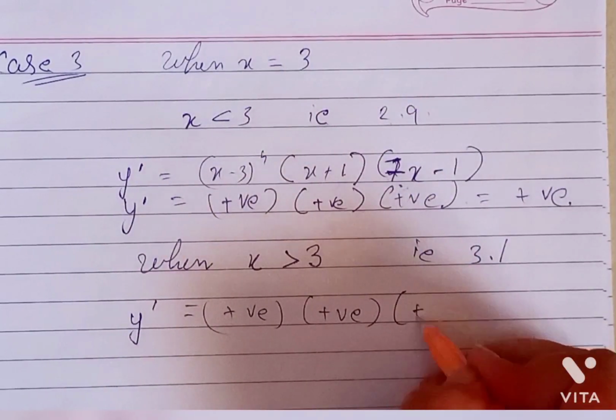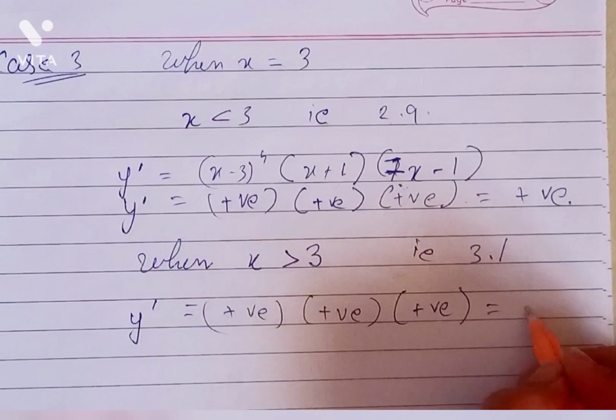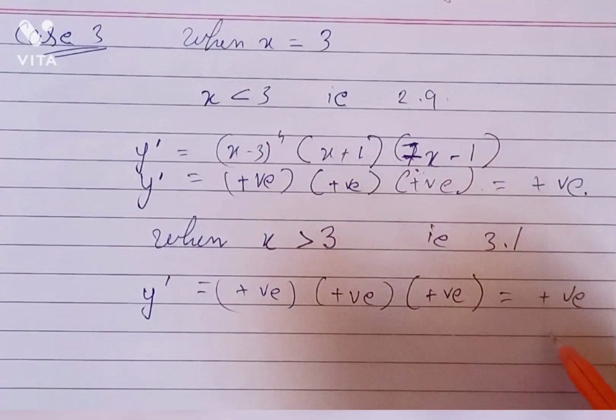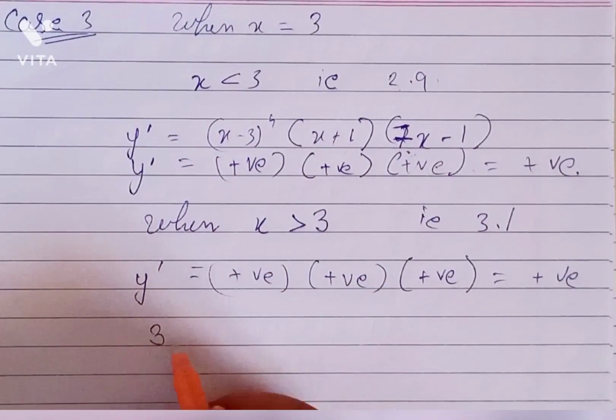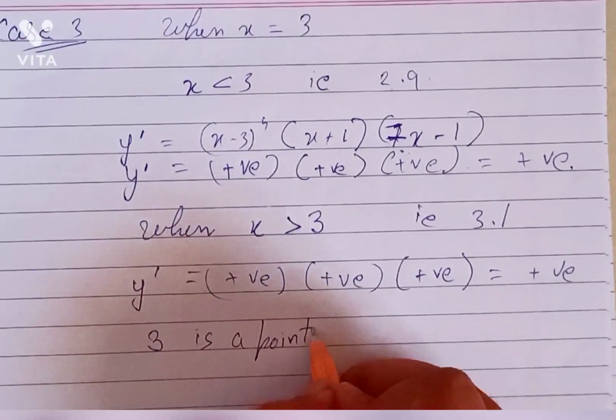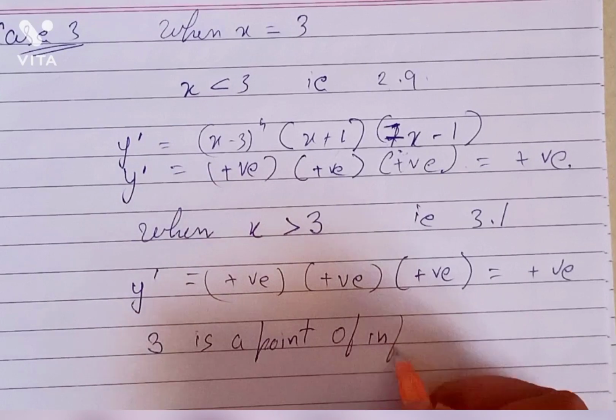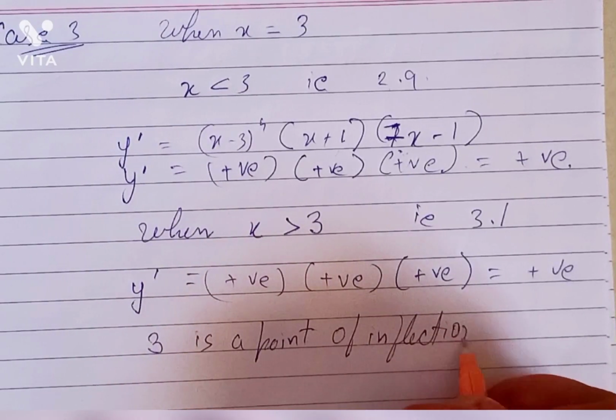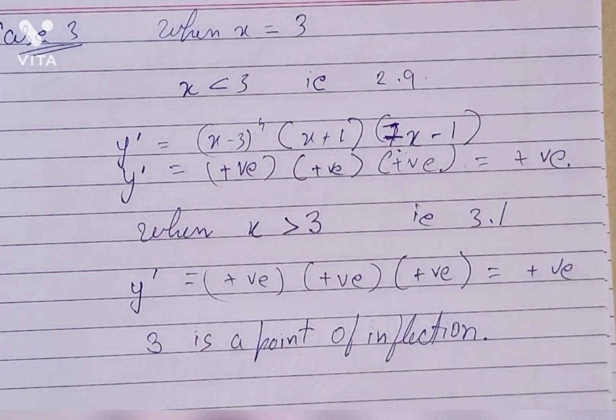So this is also positive. So you could see over here that the sign didn't change from left to right. Means 3 is a point of inflection. Right? So from here you solved this question.